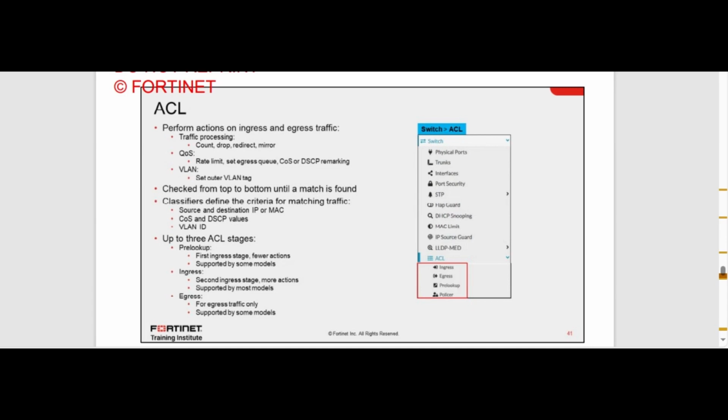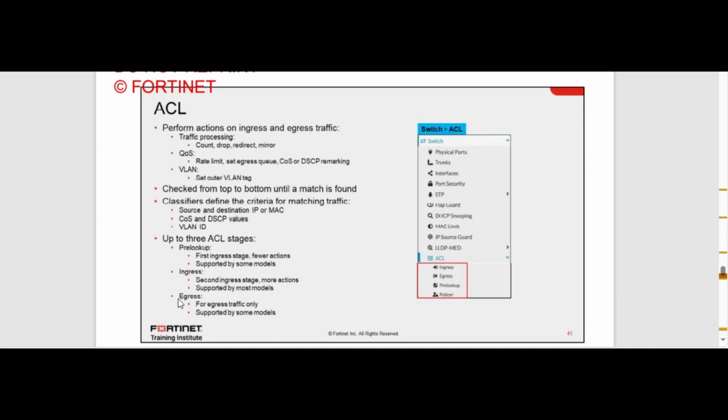It takes place before the switch performs layer 2 and layer 3 lookups, and it supports a reduced number of actions. If the action you need is supported on this stage, then in most cases, it is better to apply the action at this stage before the switch handles the traffic any further.